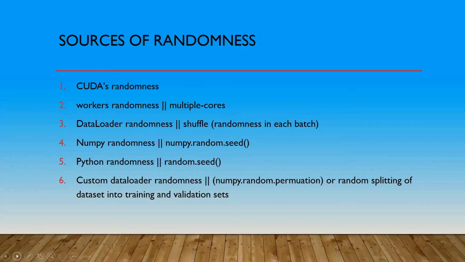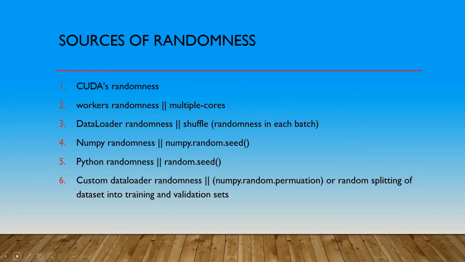Whenever you have set shuffle equal to true, it selects your records into batches in random order, or you can say it follows some sort of random shuffling. If you do not want to introduce that random shuffling, you have to pass shuffle as false in the DataLoader.